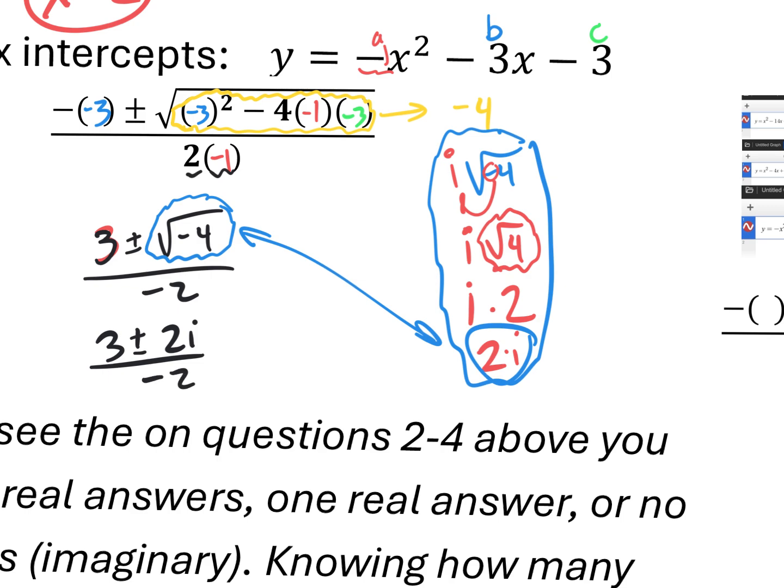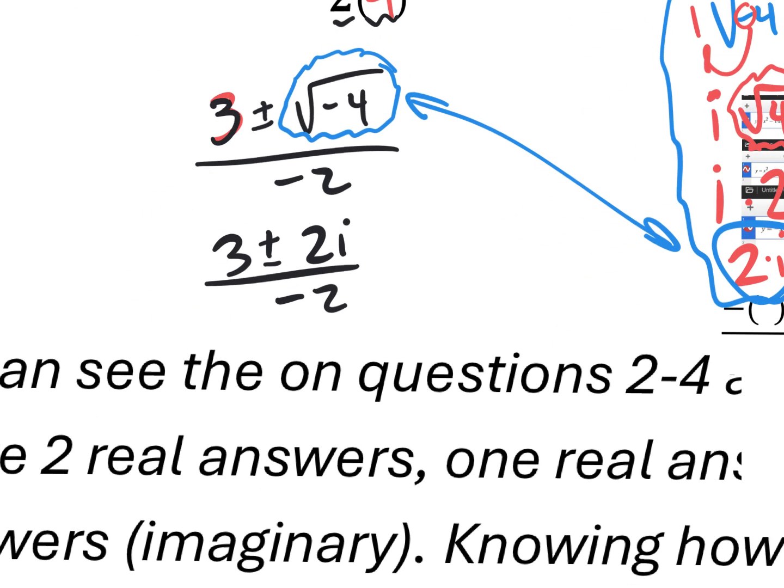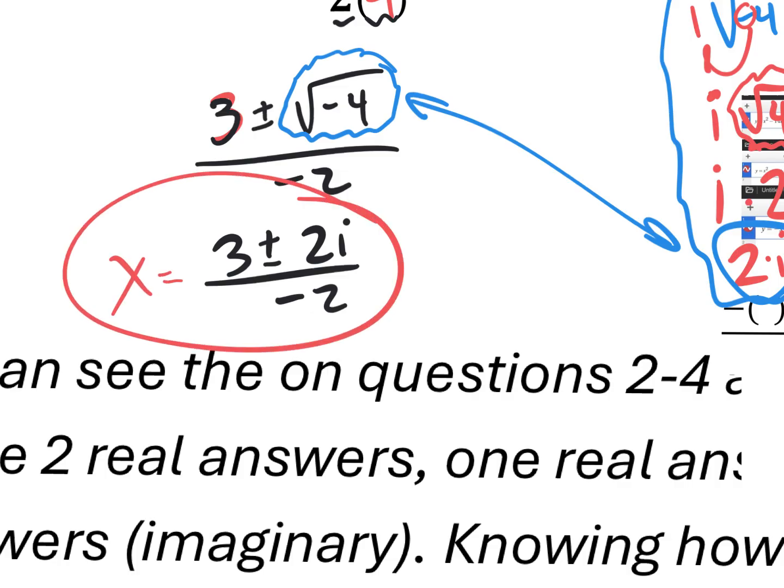And this is your answer, because you can't say, okay, 3 plus 2i, because you can't add real numbers with imaginary numbers, and you can't go back and do 3 minus 2i, but it does produce this answer, and this answer is imaginary. In other words, it's not real, but this is an answer, okay? But it's not real. Why is it not real?